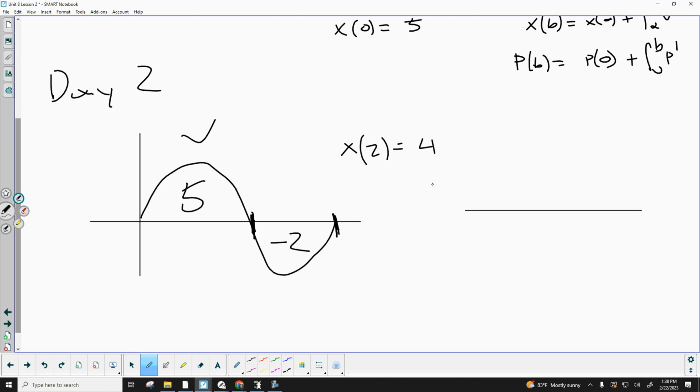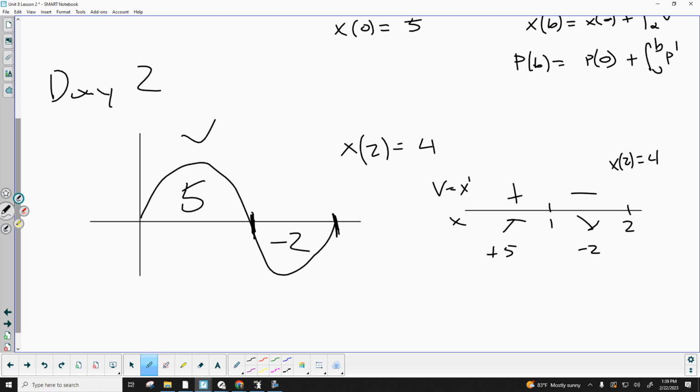My velocity, which is my derivative of my position, is positive until 1 and then negative until 2. And I know x of 2 is 4. And I know my position increases then decreases. And I know it increases by 5 then decreases by 2. Make sure you're right on what x of 1 and x of 0 is. Were you correct that x of 1 was 6?